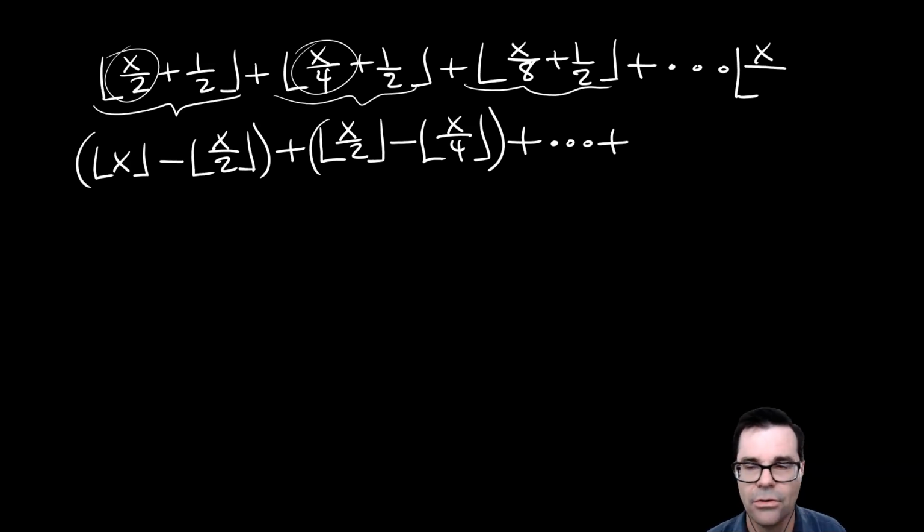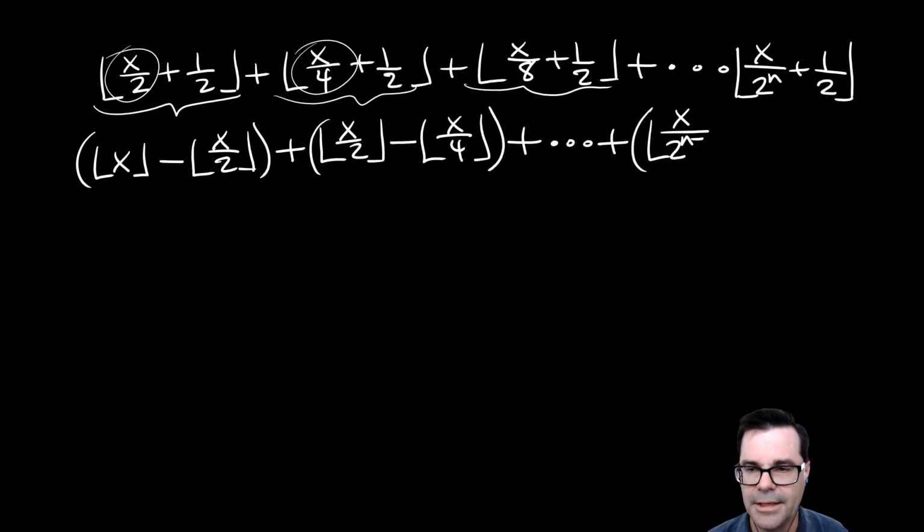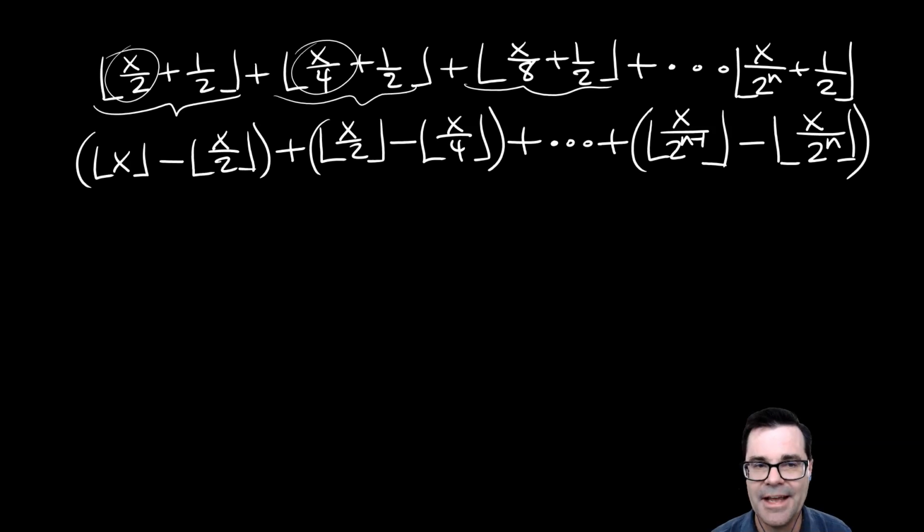It'd be x over 2 to the n plus 1/2. And that will be the floor of x over 2 to the n minus 1 minus the floor of x over 2 to the n. So this is the nth partial sum of that series.